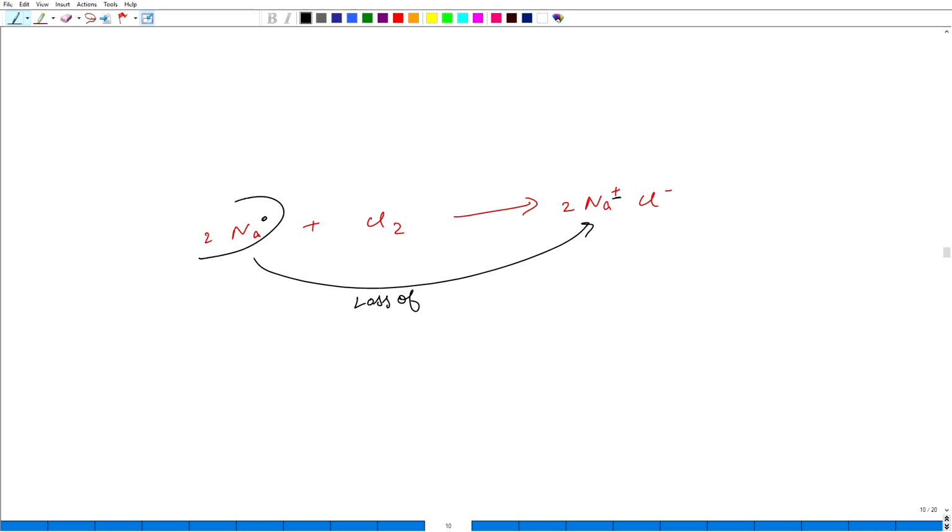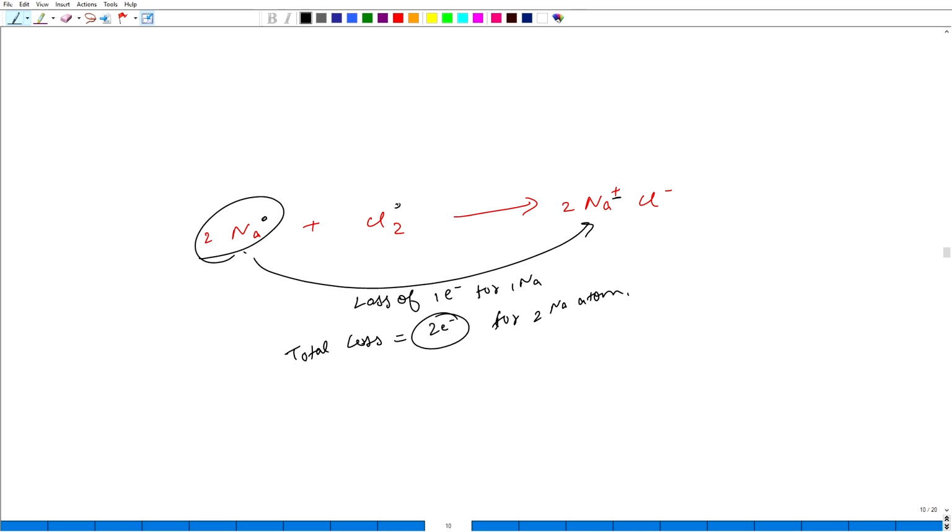How many sodiums do we have? Two sodiums. That means loss of one electron for one sodium, but the total loss is 2 electrons for 2 sodium atoms.